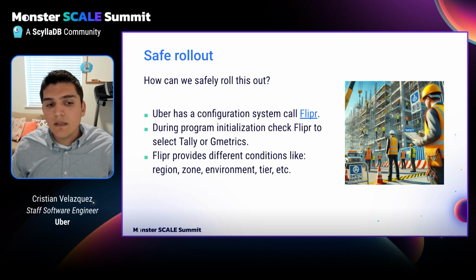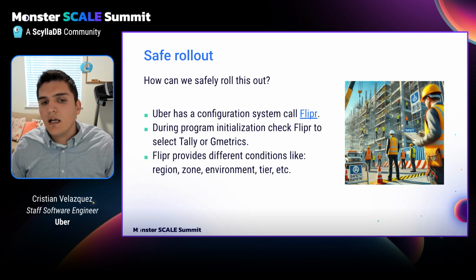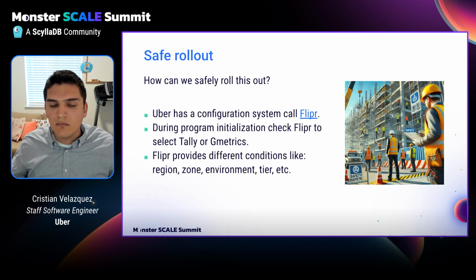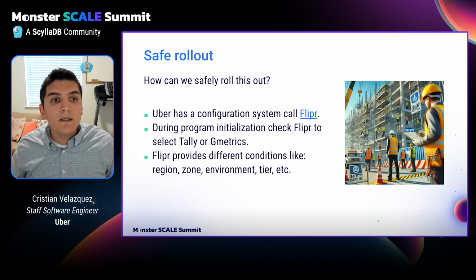So if you want to, okay, let's first try Gmetrics on staging, you can do it with environment. Then we can try in Canary, which is one zone. Then we can do region. Then we can do all tier 5, all tier 4. And you can have all those combinations that allow a safe rollout without having a global blast radius.